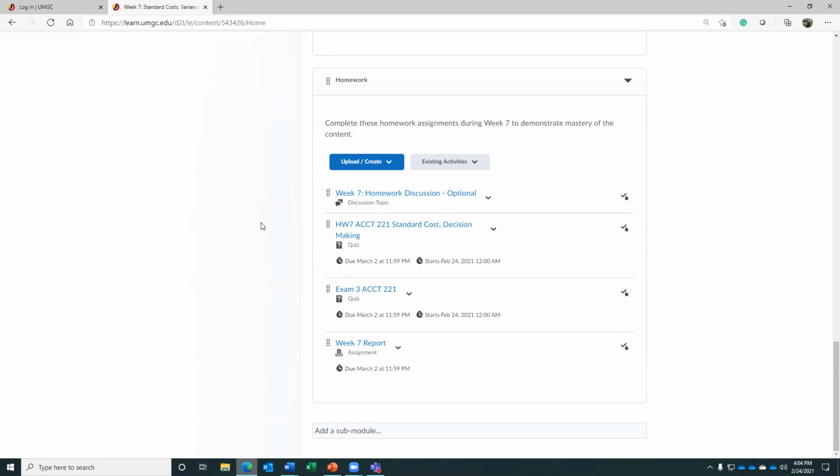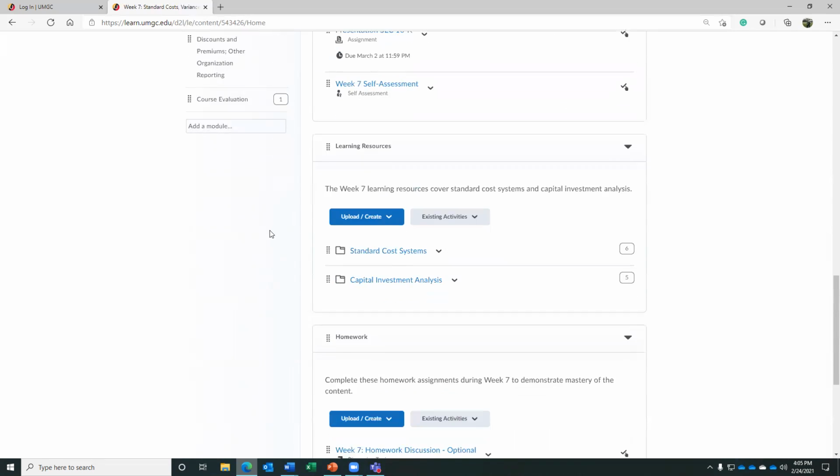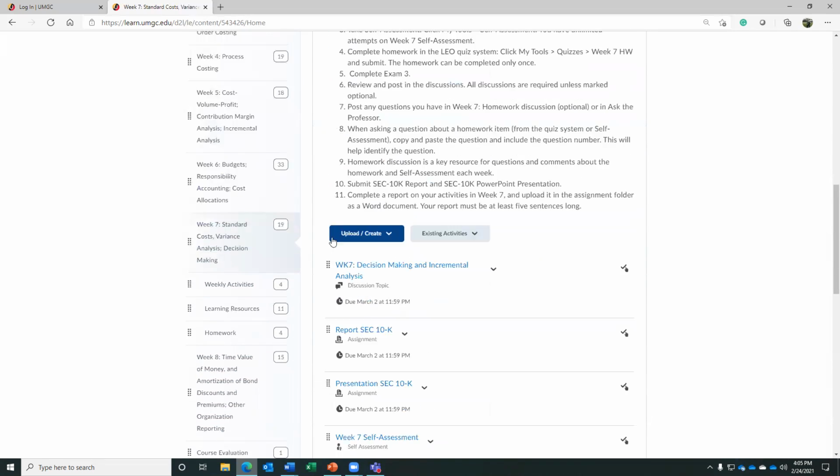That will certainly help you because on exam 3, there are some standard cost and decision-making questions. So I strongly recommend that you wait until closer to the end of the week to complete exam 3. And hopefully that little tip will help, right?